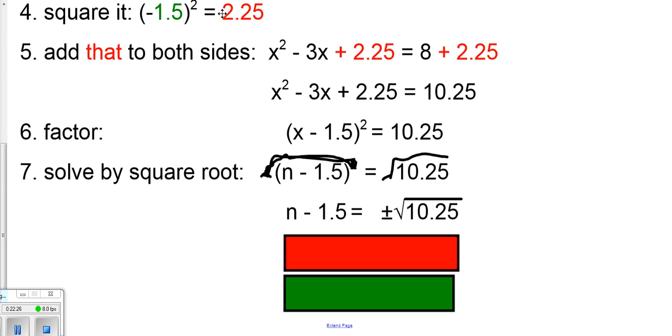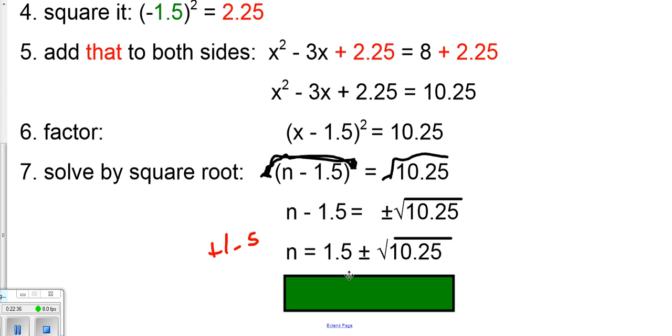Now, how do we get x alone? We will simply add 1.5 to both sides of the equation. When we do that, we'll have x equals 1.5 plus or minus square root of 10.25. So you can leave it like that. Remember, that is an acceptable answer.